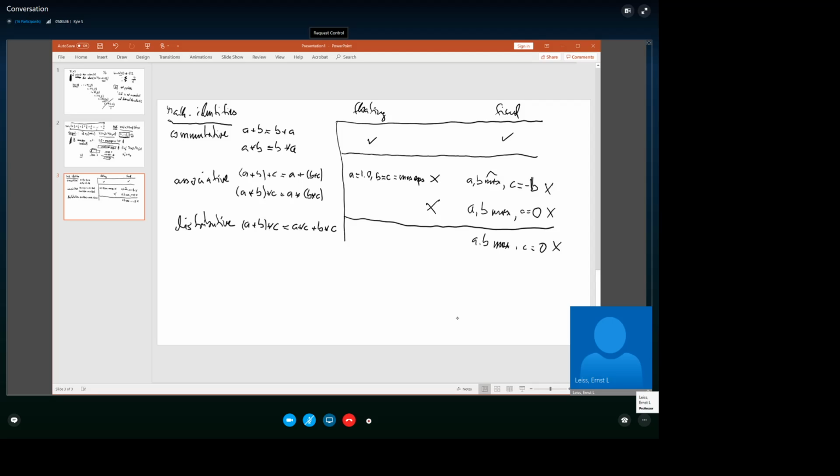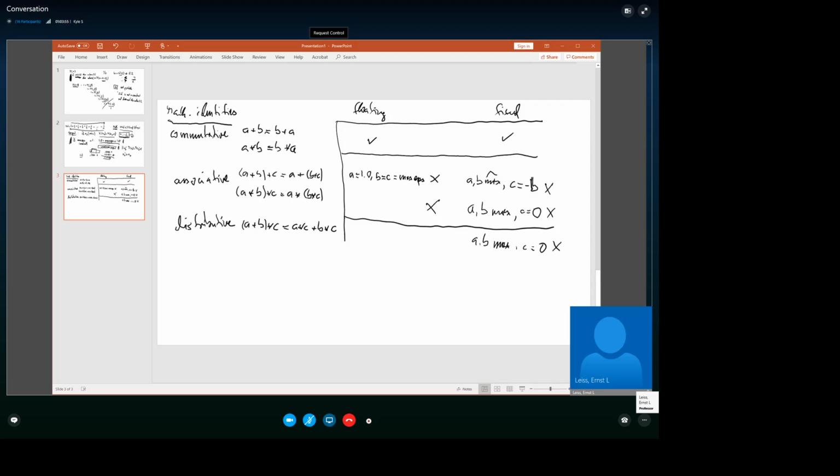So whatever else happens, forget it. And then a times c is a times 0, which is 0. b times 0 is 0. So we have on the right-hand side 0, and on the left-hand side an exception.